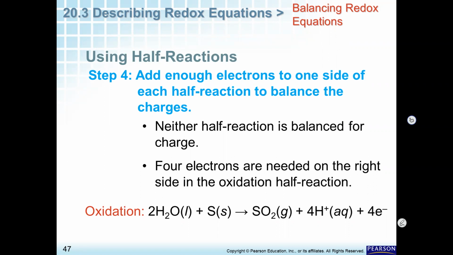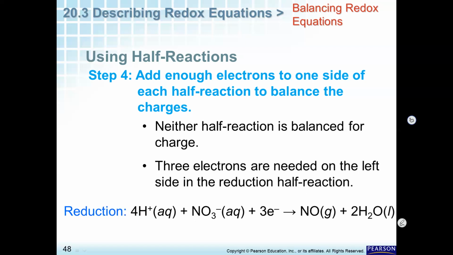Here the equation is not balanced. I neutralize this by electrons، عندنا 4H plus، بضيف لهم 4 electrons. هيك صارت الـ charge on this side 0 and the other side is 0.